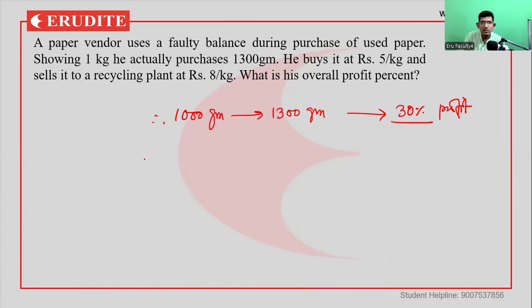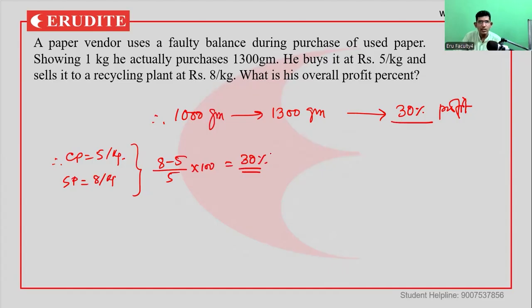Now, while selling, his cost price is 5 per kg and his sales price is rupees 8 per kg. So how much profit is he making with respect to the rate? That is simply 8 minus 5 by 5 into 100. That means he is raising the price up by 3 by 5 into 100, 60%.